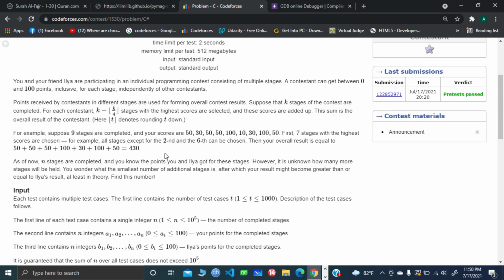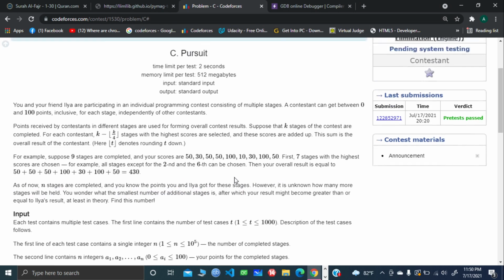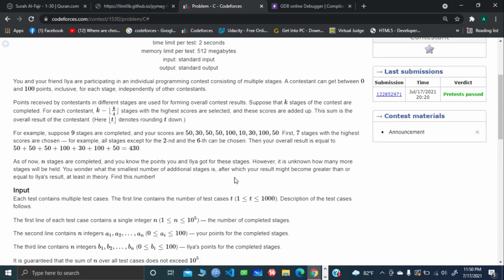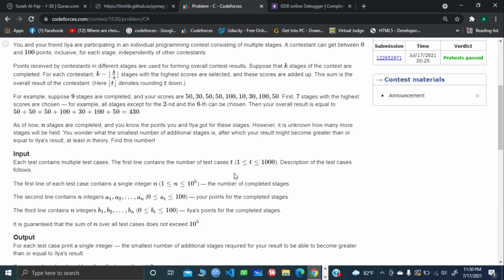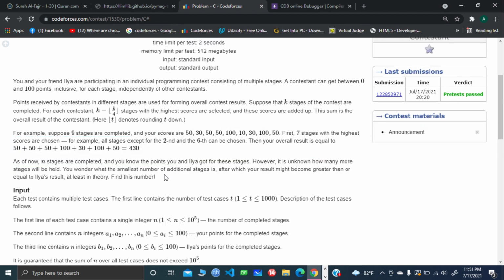Now, one thing to notice is why they have said additional stages. Initially n stages will be completed, but if, even after completing the n stages, you are not getting enough points to go further than player B, then you can add additional stages, and you can manipulate the points in your own way.